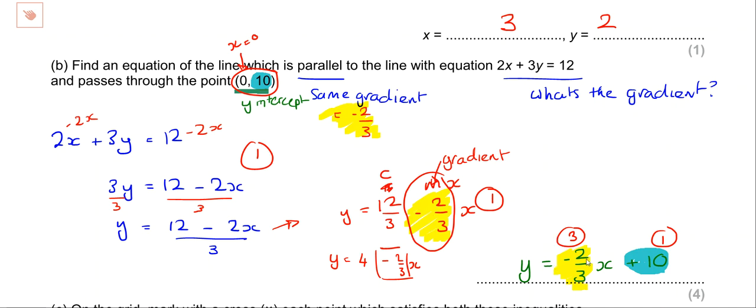And then the final mark if you did do the gradient and put it in the right place. And then 1 mark for having the plus 10. The reason why that's only worth 1 mark is because all you have to do is read it. There's no work to be done to it. All right with that?